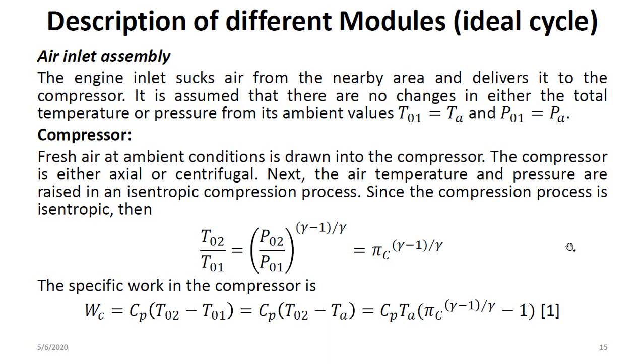The air temperature and pressure are raised in an isentropic compression, so that the ratio of temperature T02 at exit of the compressor divided by T01 at entry to the compressor is related to the pressure ratio, raised to the power of gamma minus 1 over gamma, the ratio of specific heats.